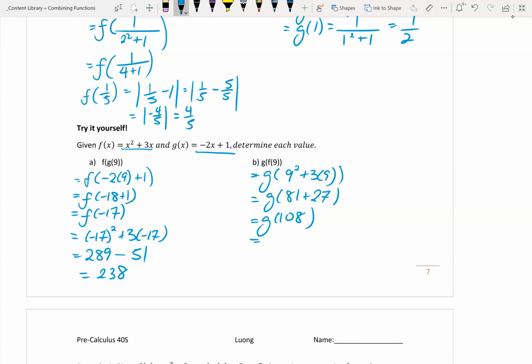And then we're going to plug in our 108 into the g function, which is -2 times x, or x in this case is 108, and plus 1. -2 times 108 is -216, then plus 1, our final answer is -215.